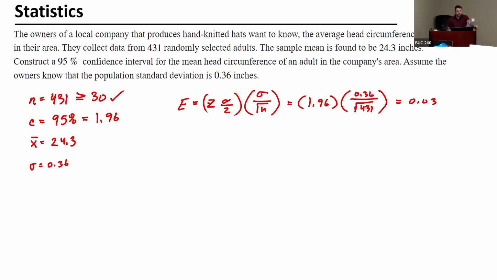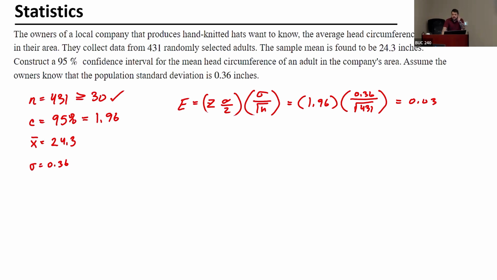How about 0.03? That sound good? Am I done? So I just need to go plus or minus 0.03 and I'm good? No. No. What am I doing now? What are we constructing? We have an interval now.